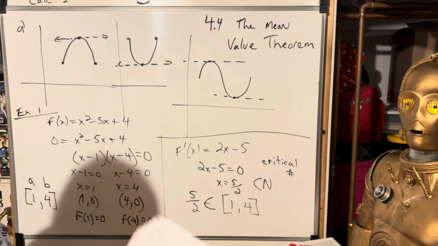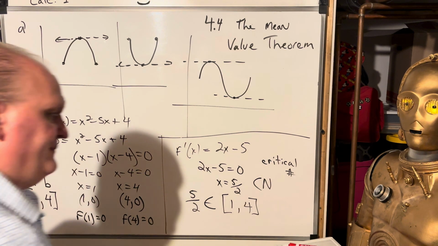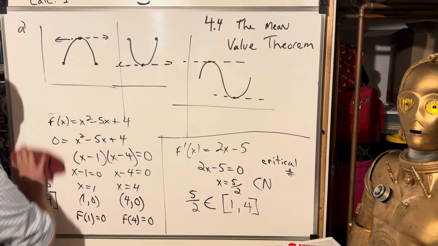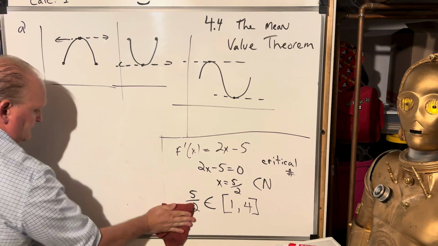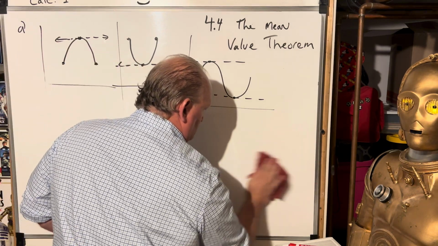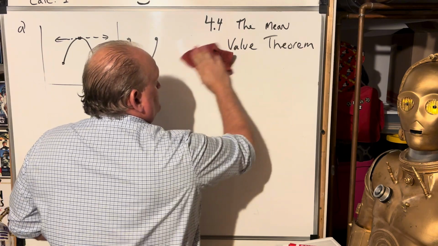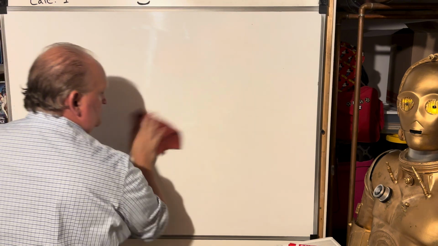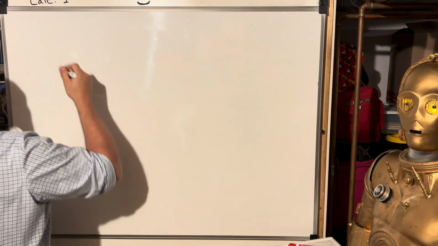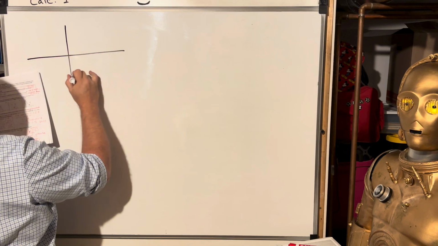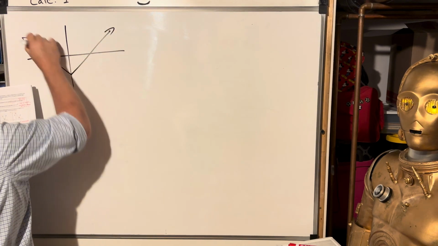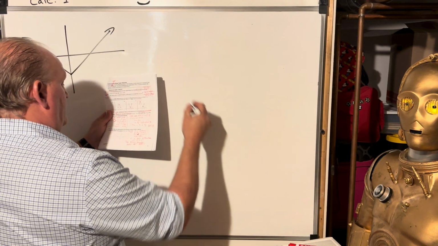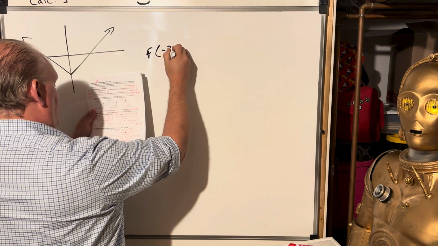So if you look, they have an absolute value graph on the bottom of page 10. Rolle's theorem would not apply here.